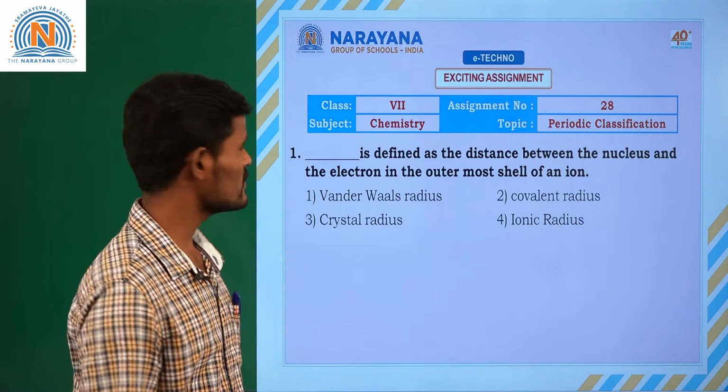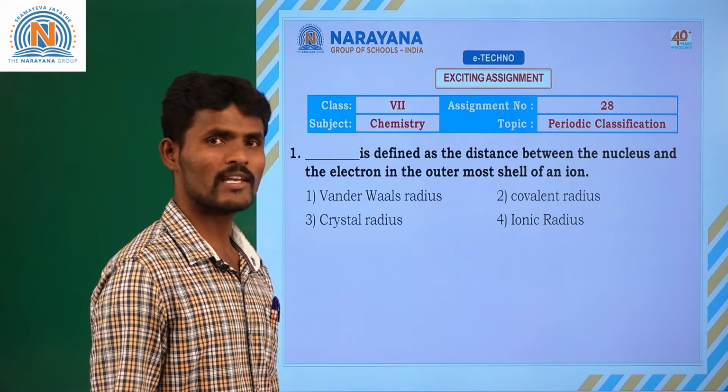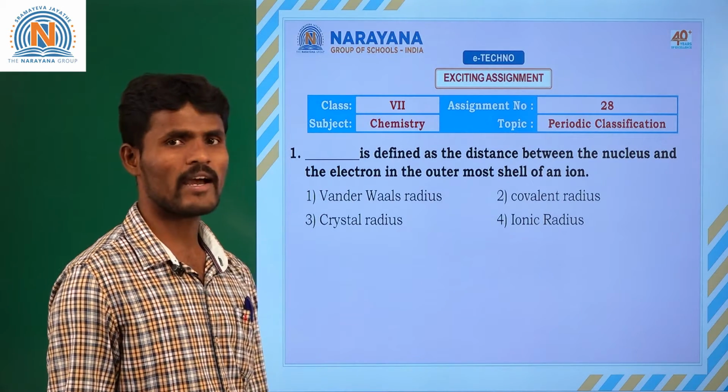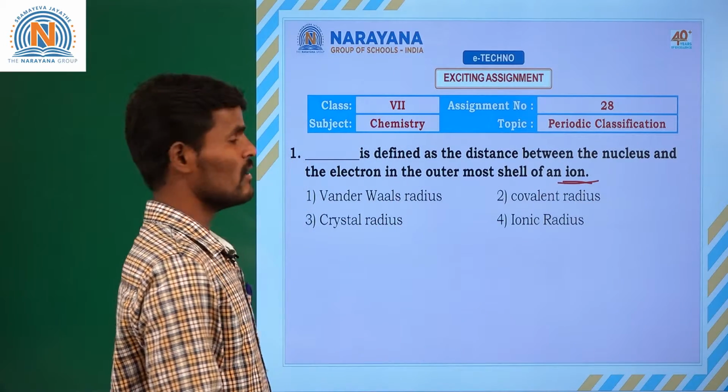Our first question is, dash is defined as the distance between the nucleus and the electron in the outermost shell of an ion. They have mentioned an ion.